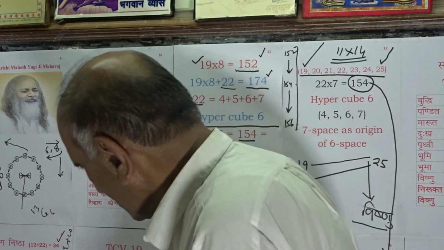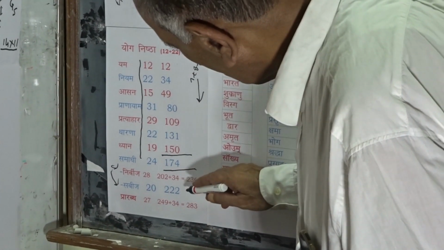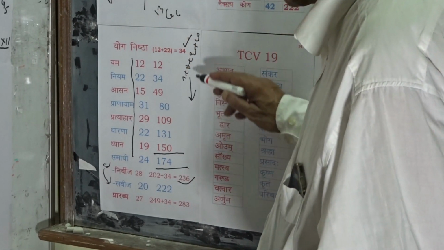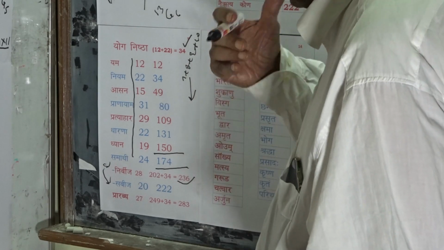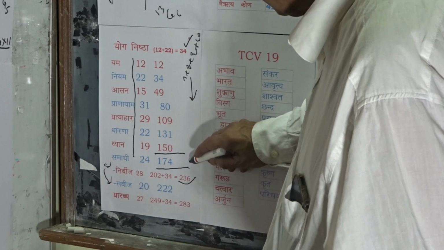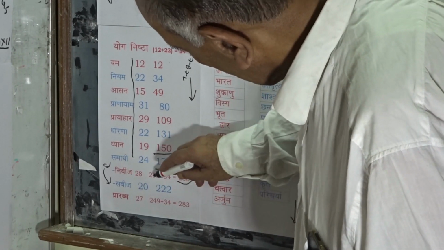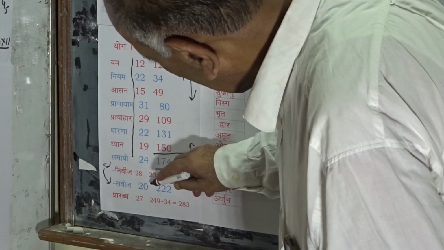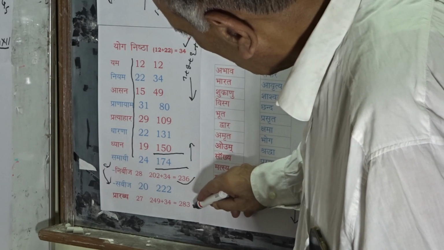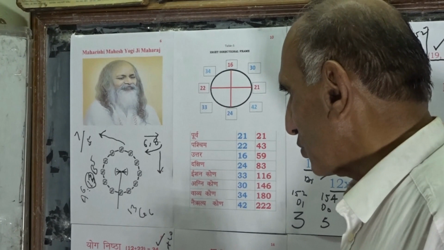Further, we know that when it is going to be a Nirbij Samadhi, then it will be leading us to value 236 along with the Yoga Nishtha value 34, and this is the value of the total letters of Ganita Upsutras. And the Sabij Samadhi, when it is being taken along with the Prarabdha value as well, leads to value 283, which is equal to the letters of the Ganita Sutras.